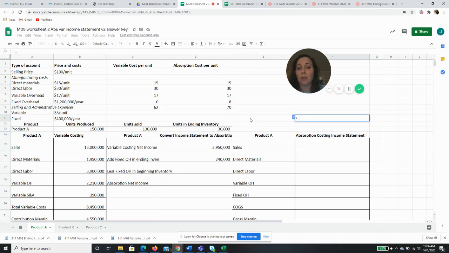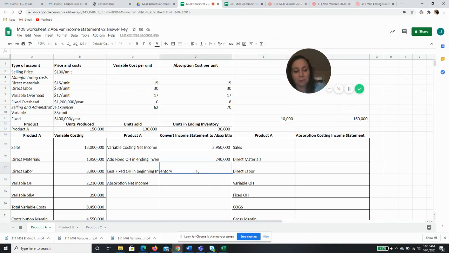So remember from the EUP, this sounds really similar, right? So our units sold plus our ending inventory is 130,000 plus 30,000, or 160,000. So our 160,000 minus our units produced of 150,000 gives us our beginning inventory of 10,000.